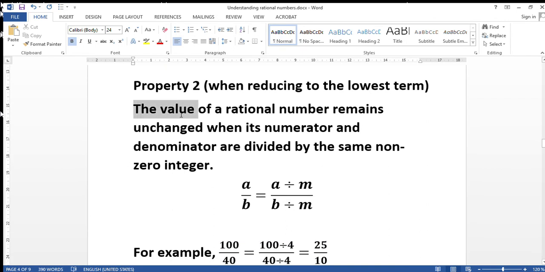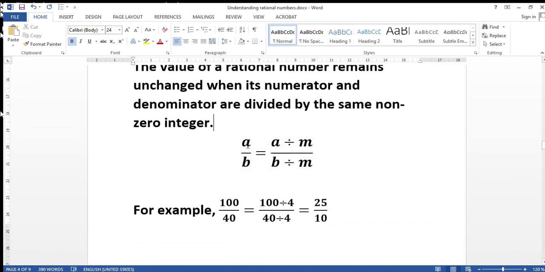It says the value of a rational number remains unchanged when its numerator and denominator are divided by the same non-zero integer. Again, if the numerator and denominator are divided by the same non-zero integer, then its value remains unchanged. We have this kind of formula.